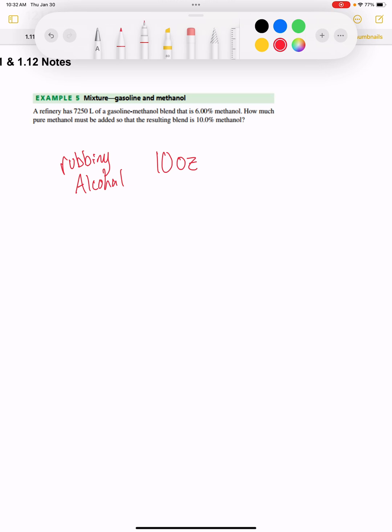So it's a 10 ounce bottle that's 70% isopropyl alcohol. Here's the question: how much pure alcohol is in there? It's 10 ounces and it's 70% alcohol. So how much actual alcohol is in there, also known as the pure amount? Most people are going to say 7 ounces.